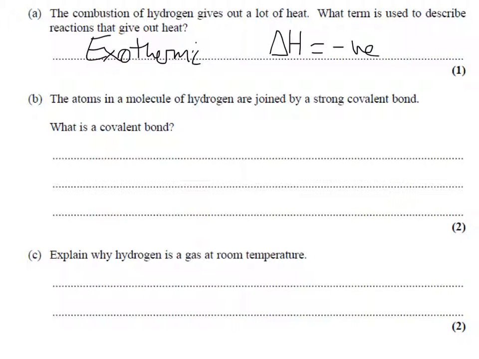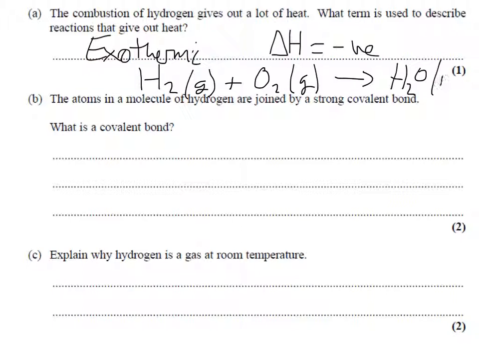And I've just got off on a bit of a tangent here, but when hydrogen combusts, it reacts with oxygen, and it produces water. Now, we need to balance that equation.